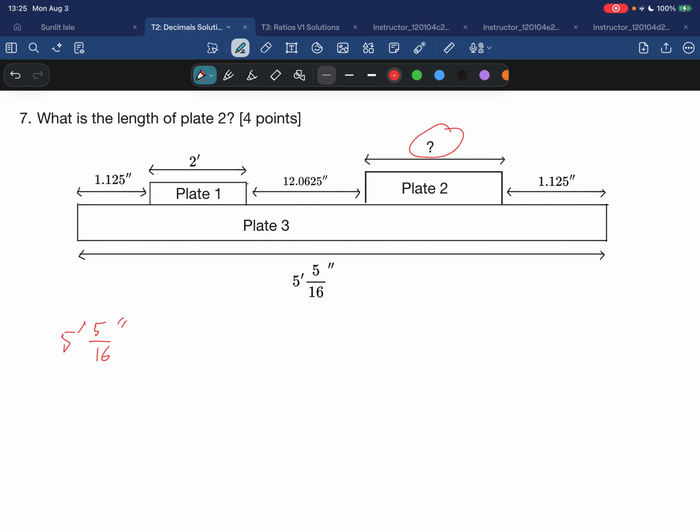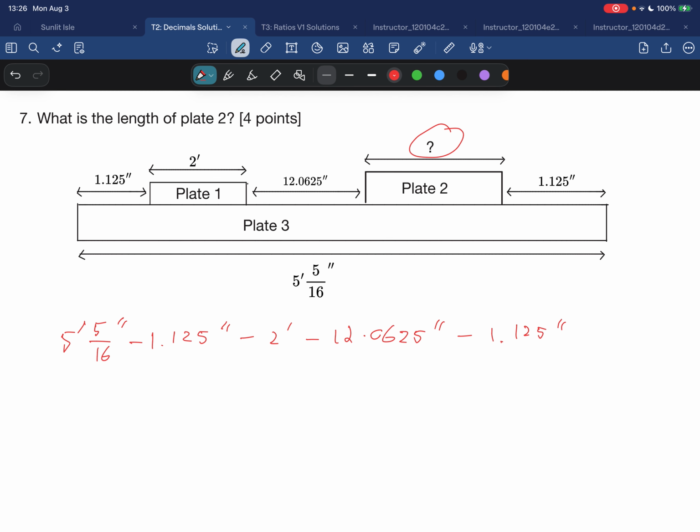It's going to be this total length minus every other length. So let me go ahead and write that in. There we go. I believe that's everything.